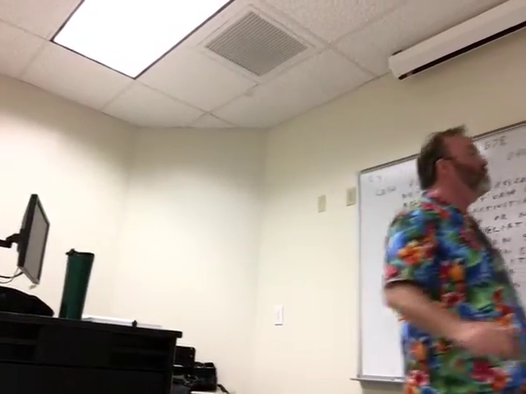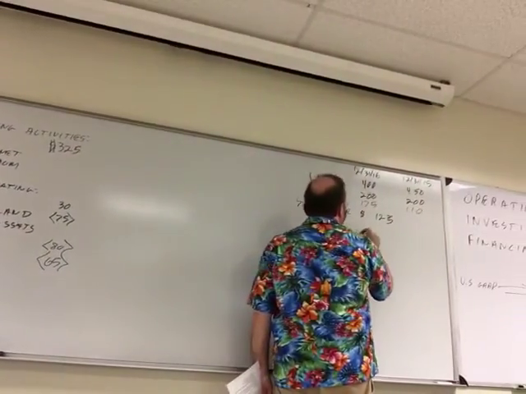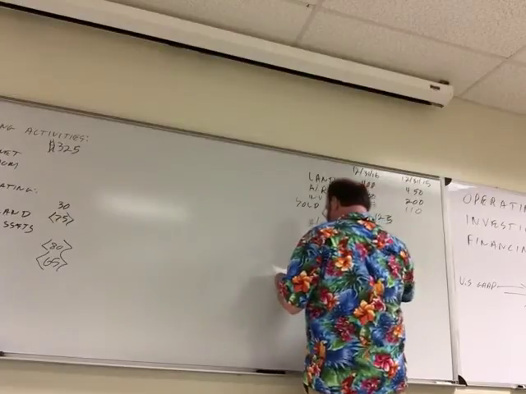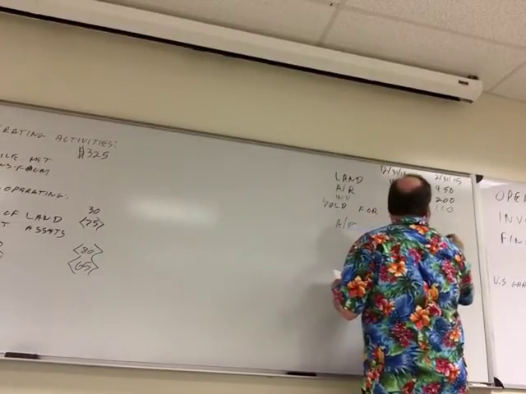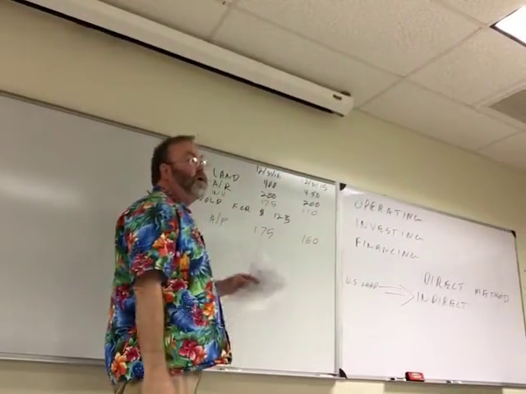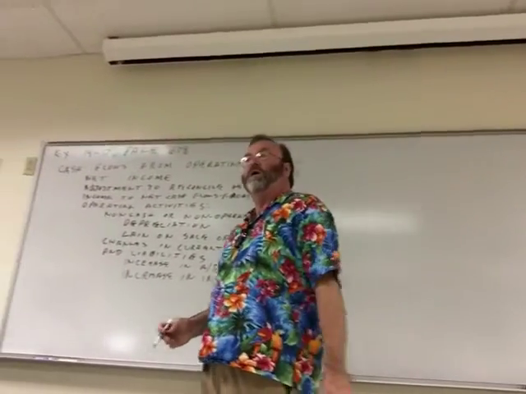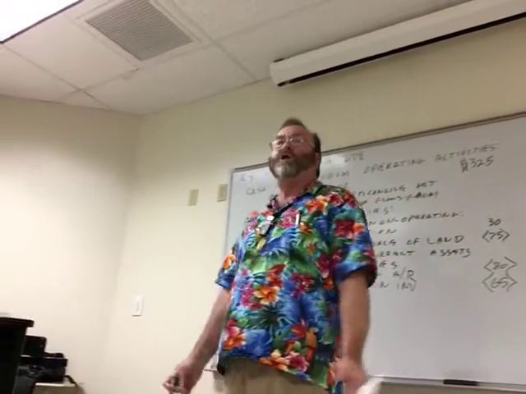Current liabilities only has one. They have an accounts payable to their merchandise creditors. It went from 160 to 175. So accounts payable started the year at 160, and it went up by $15. So if your accounts payable is going up, what are you not doing?